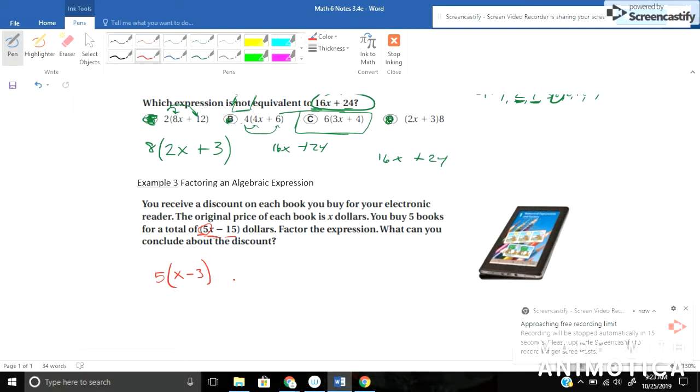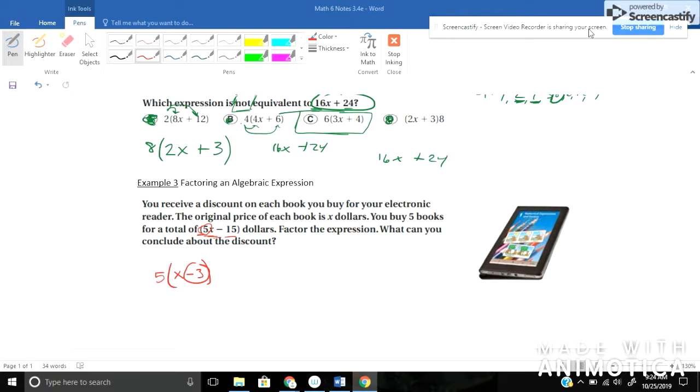What can you conclude about it? Well, what we can conclude is this minus 3 represents the discount you get on every book. Okay, my timer had run down there, but I just want to explain this a little bit more to make sure you understand it.